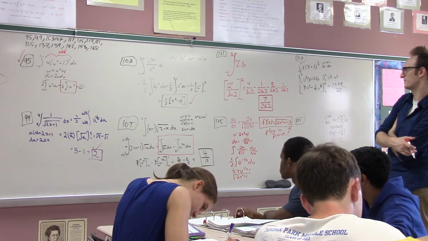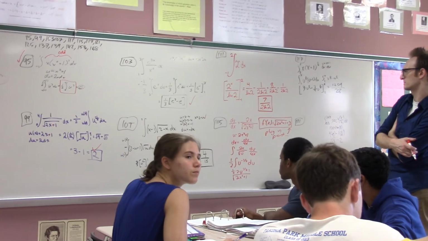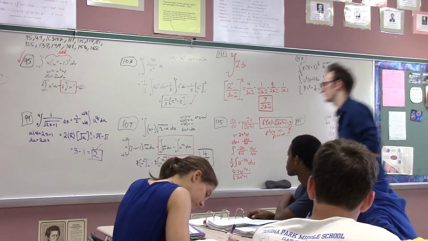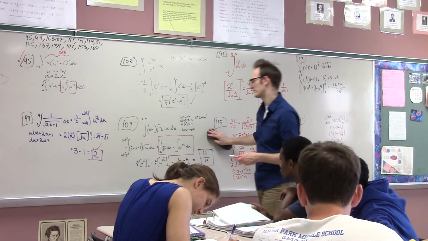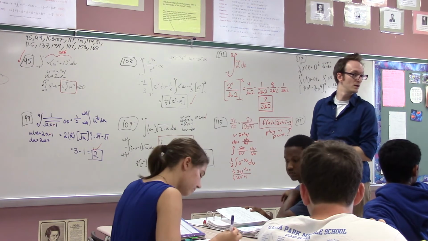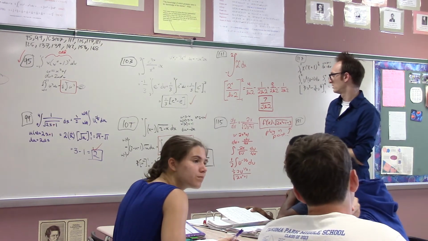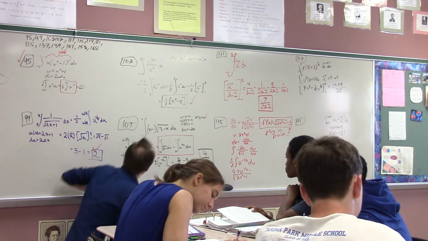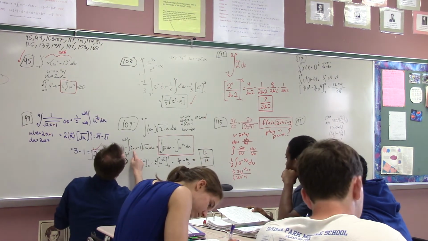Wait, I'm kind of confused actually. Something wrong? I feel like it was right up till here. Did you guys get 4/15? Yeah. No, I got 4. I'm not following actually what happened here. This is 1 minus u.